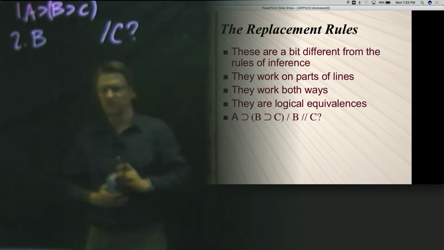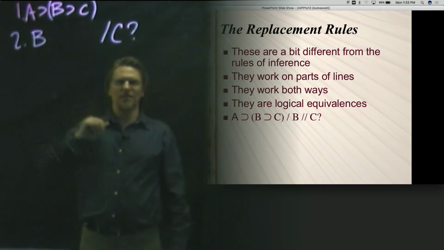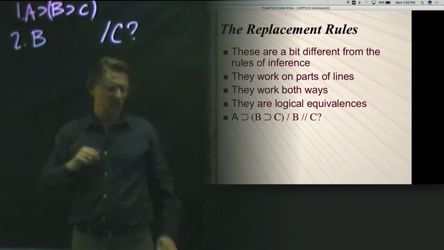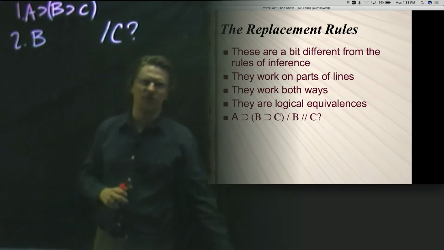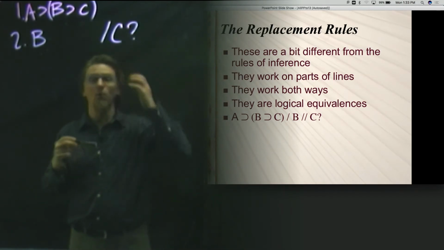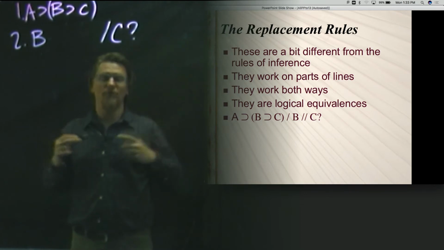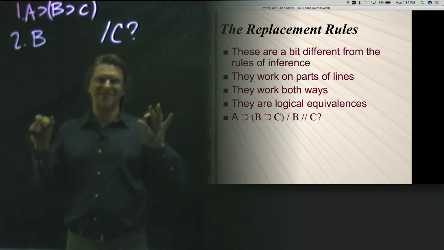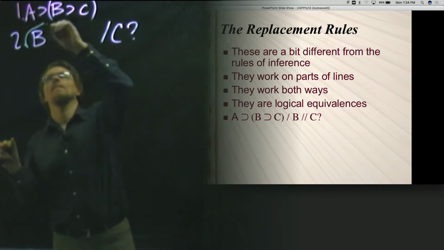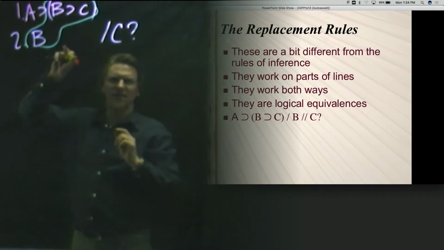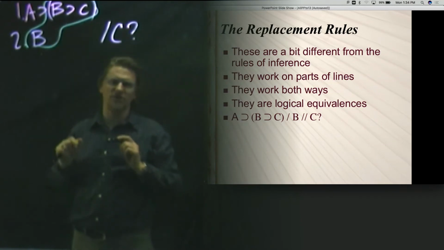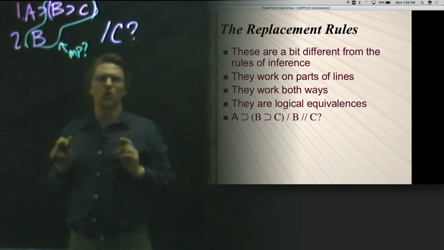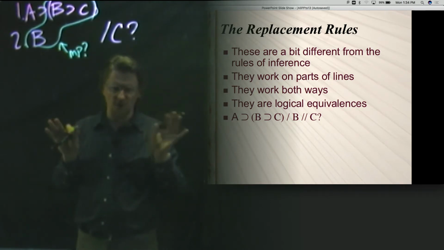If we looked at something like this, where we've got A horseshoe, B horseshoe C, and then B as our other premise, the question is, could we conclude C from that? I'm hoping it's clear from what we've looked at with regard to 6.1 and 6.2 that, even though you might be tempted to do it, you cannot get in here and just use modus ponens on this part of that line. Modus ponens doesn't work on parts of lines.